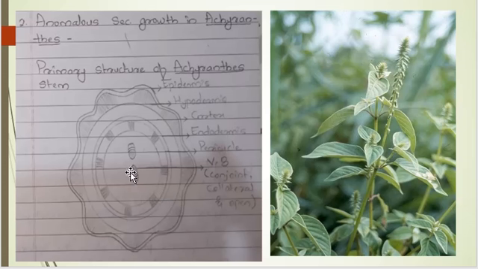And in between there are 2 vascular bundles. These vascular bundles are conjoined, collateral and open type. So this is the primary structure of Achyranthes.